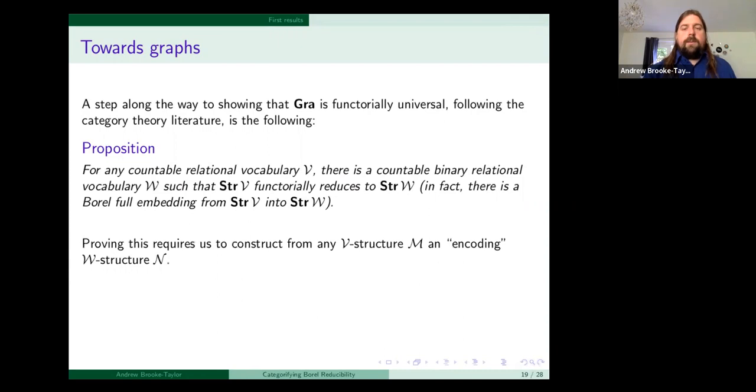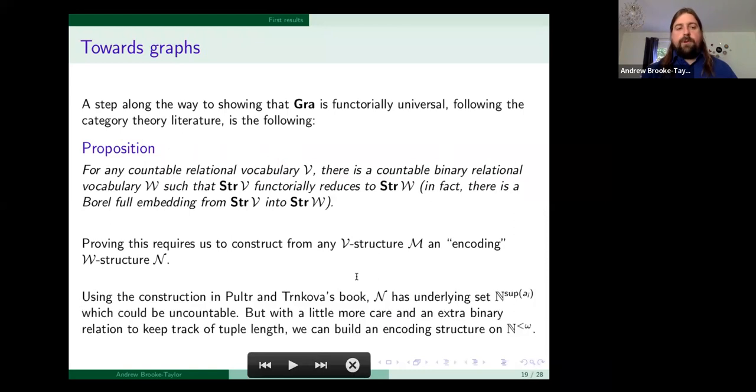We do these constructions with hands-on constructions. Given a V structure, we want to create a W structure that encodes all the information of the V structure. So not only can you get back the V structure from the W structure, but also the only morphisms between the W structures are the ones that came in the natural way from the V structures. So that's how we prove this.